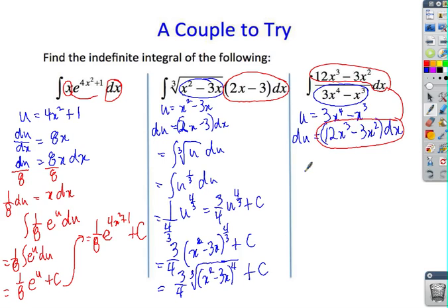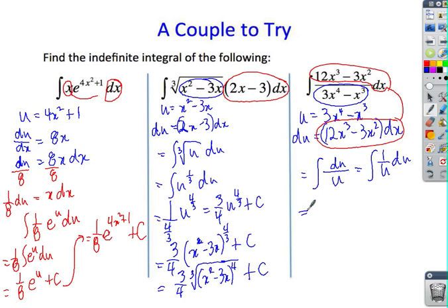So now we can say this is equal to du over u, which can actually be thought of or written as 1 over u du. We can move the du to the side. And now we perform the integral.